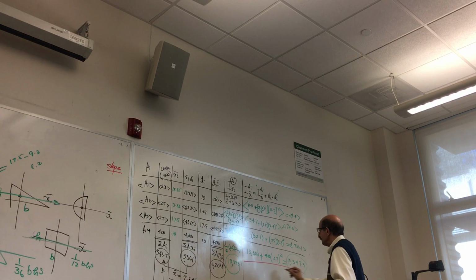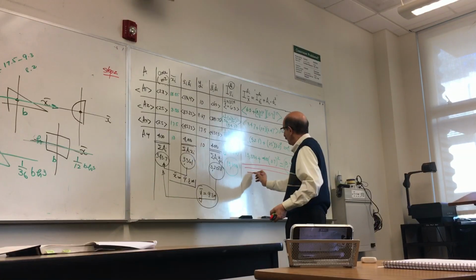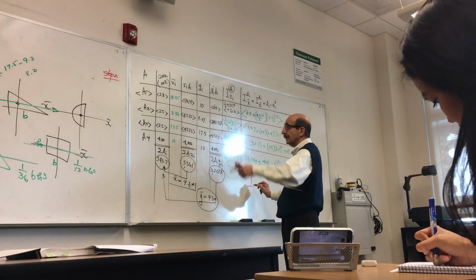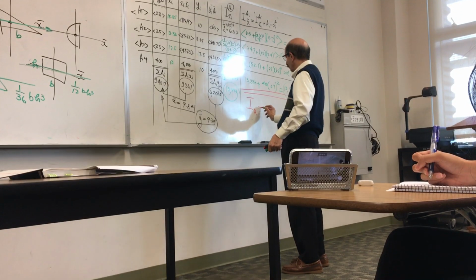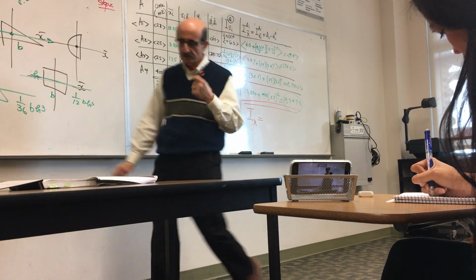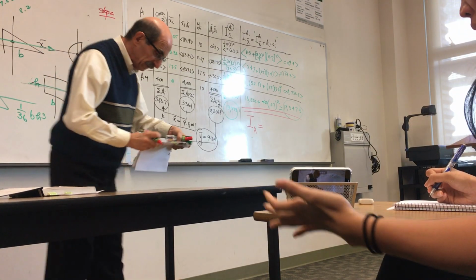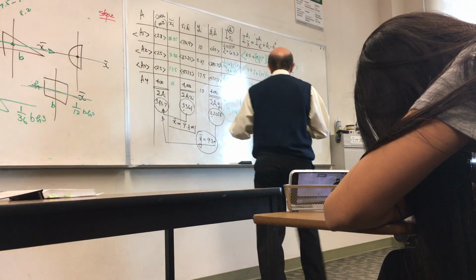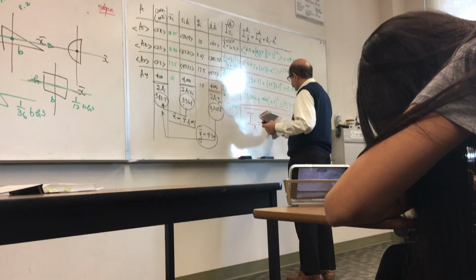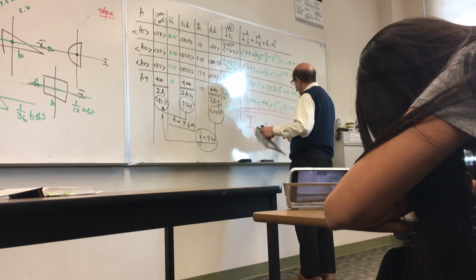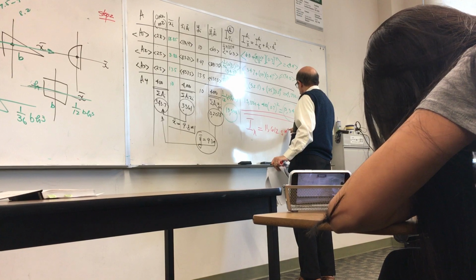So you just add these up, and you have I of that shape about the centroid of this shape, and I'll give you the answer. That comes out to be 11,612.5 meter to the 4.